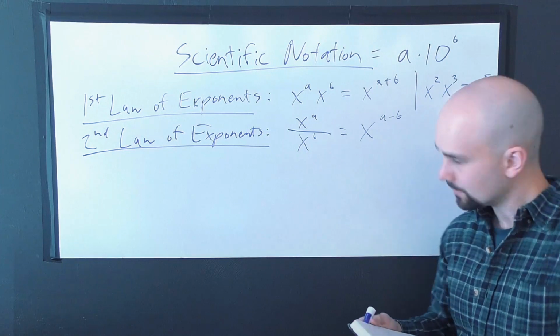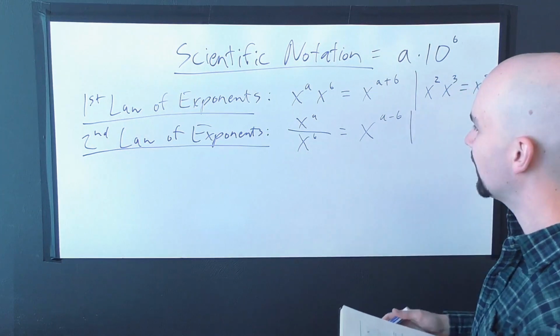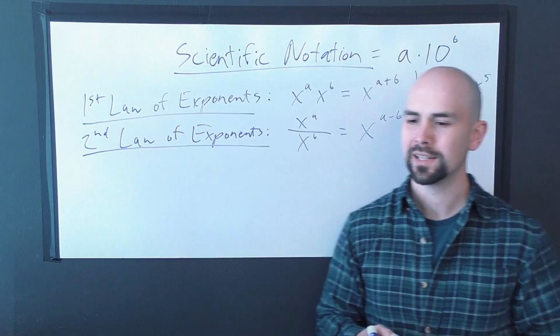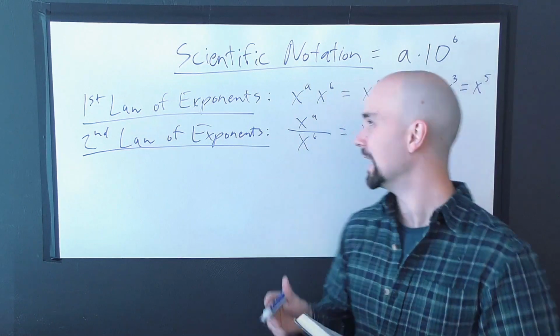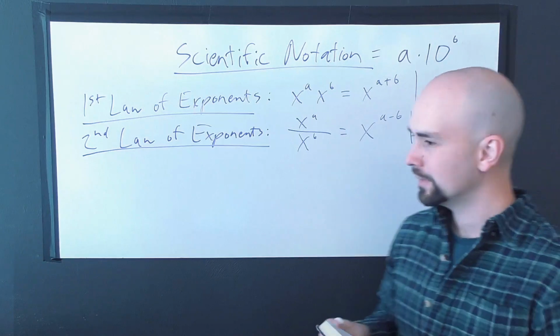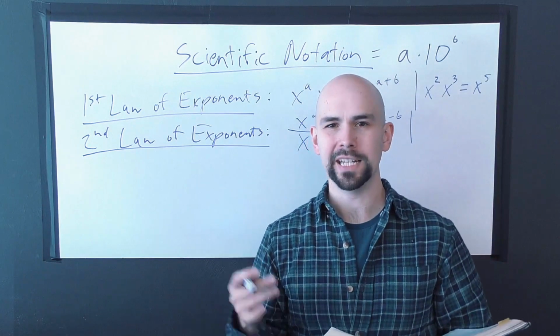All right. Remember how I said that when you have a negative exponent, a negative b, then that's the same as dividing by that power.